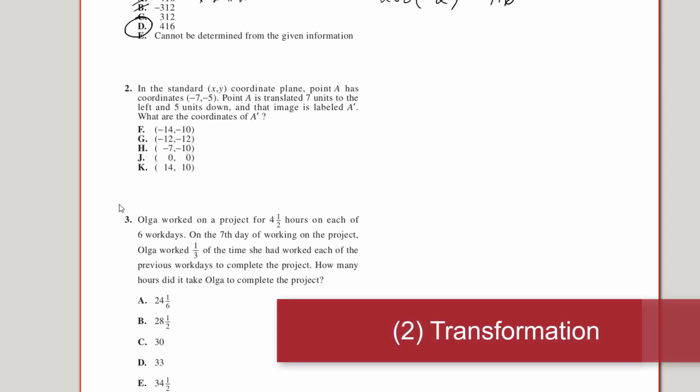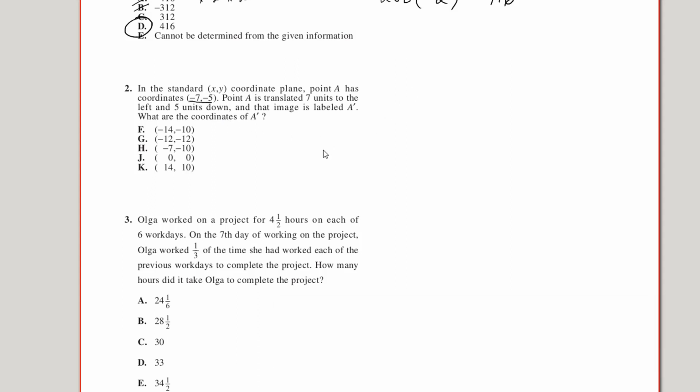Question 2 says, in the standard XY coordinate plane, point A has coordinates negative 7, negative 5, and point A is translated 7 units to the left and 5 units down, and that image is labeled A prime. What are the coordinates of A prime? We're going to do some translations here.